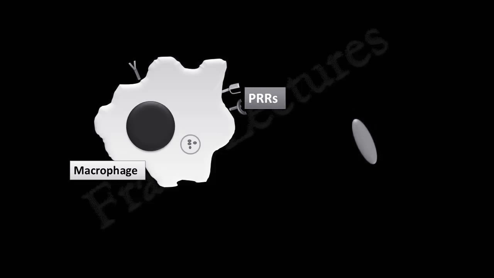So, this is a phagocyte, for example a macrophage, and here the intracellular compartment lysosome is shown. It contains antigen receptors which are pathogen recognition receptors, and this is an invading microbe, say bacteria, and these are representing the molecular patterns which are known as PAMPs.